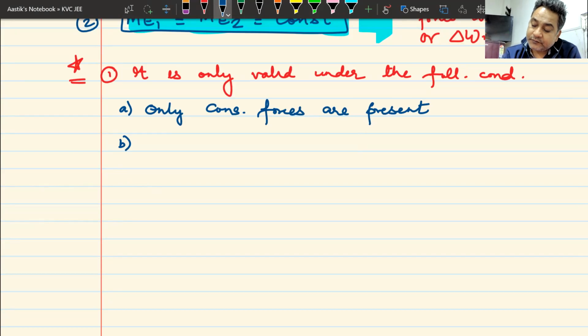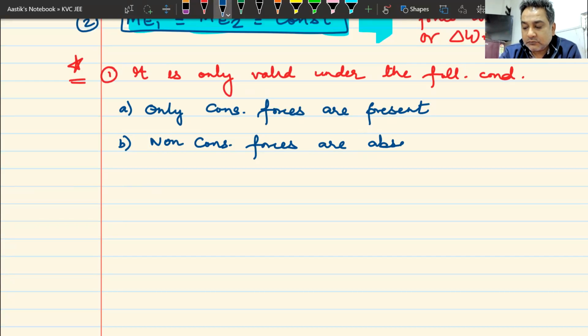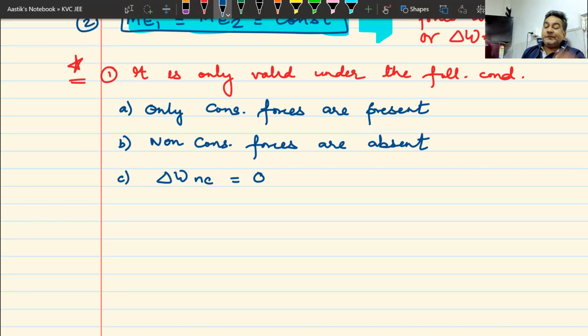Number two, non-conservative forces are absent. Same thing I can write in a different way. Work done by non-conservative forces is zero. If all these three conditions are met, then LOCME is valid.